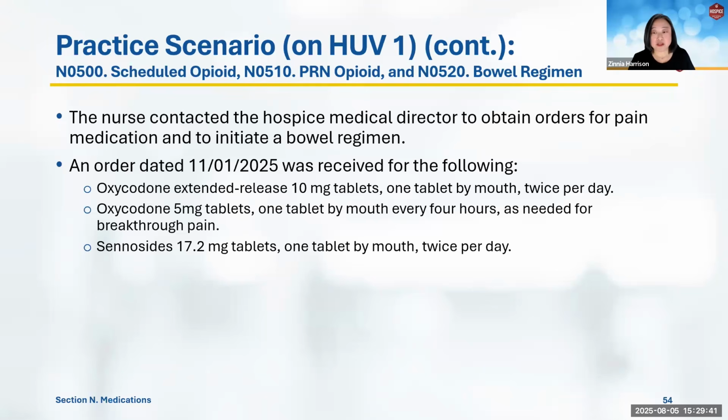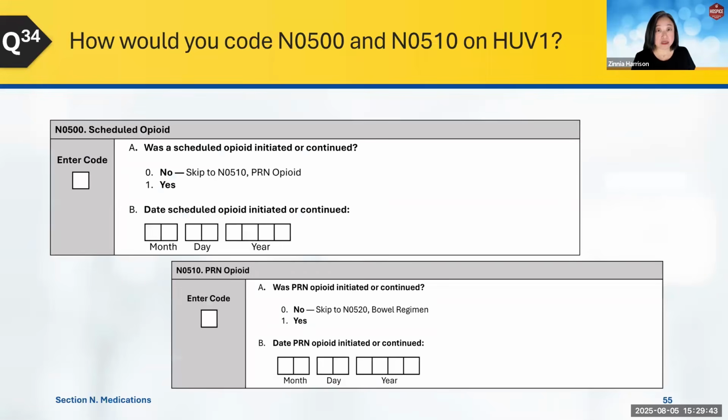The next slide, and we'll launch the poll. Again, if you need to take a look at the scenario I just went through, it's in the chat. So based on that HUV1 assessment, how would you code scheduled opioid? As you can see on the slide, there are 2 parts, an A and a B, and also in PRN, there are 2 parts, A and B.